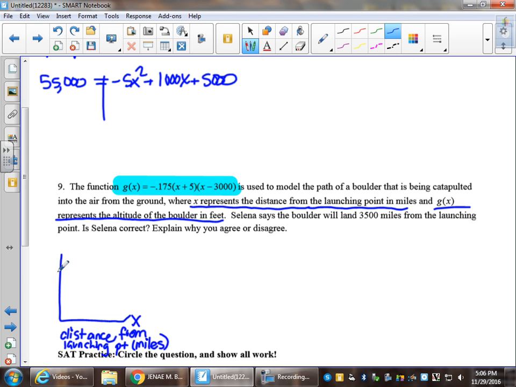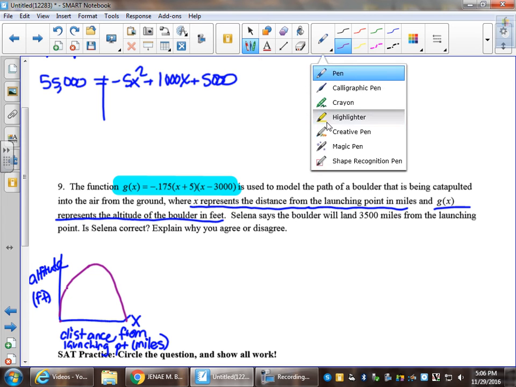And then g of x, the output is altitude, and that is also in feet. So this is distance from launching point. It's getting catapulted, right? And at some point, we'll come back down to the ground.